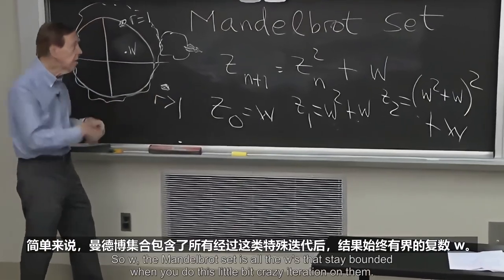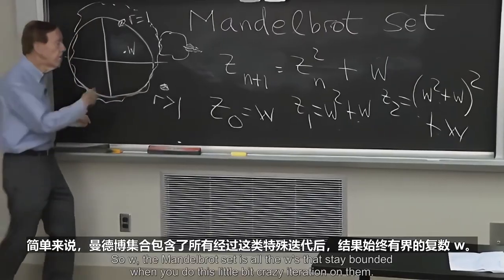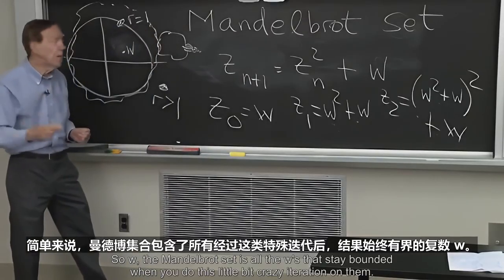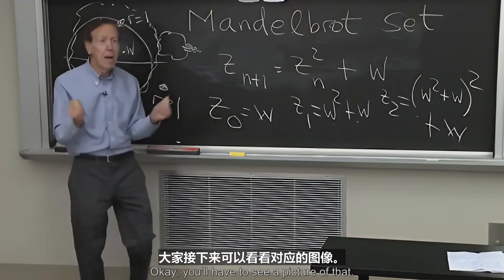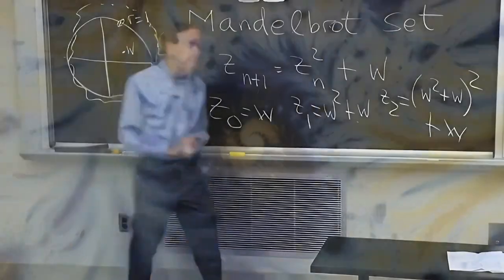So the Mandelbrot set is all the w's that stay bounded when you do this little bit crazy iteration on them. Okay, you'll have to see a picture of that. That comes next. Thank you.